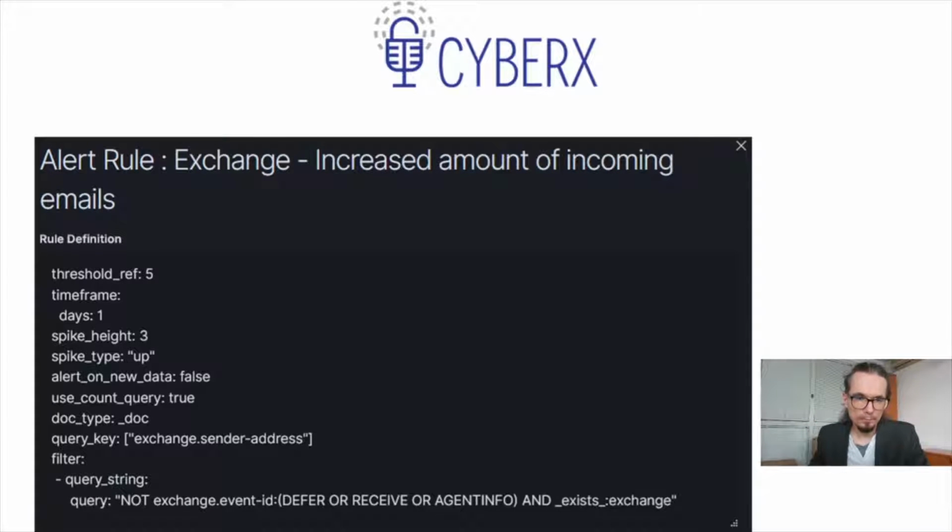The condition is that we are looking for a sudden spike of incoming emails, and how are we doing that? We are doing that time frame by time frame. So we have the time frame of the first day, then the time frame of the second day, and we are comparing those two time frames.